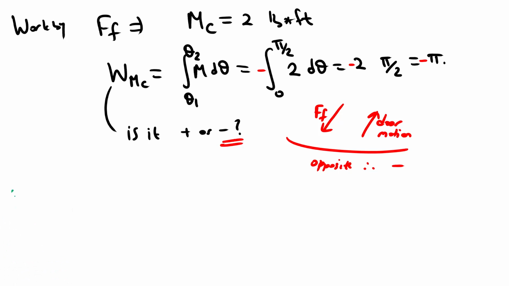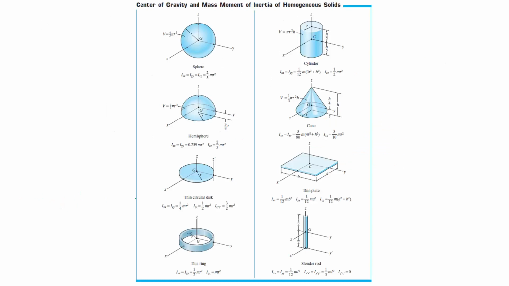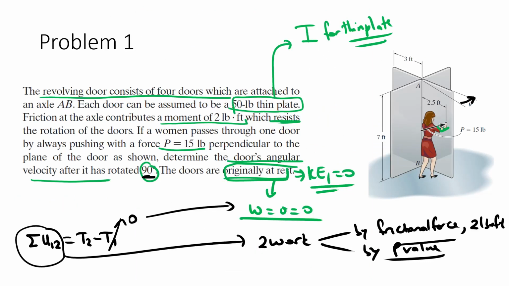The next one is the work by P. How can we find it? As you can see, the applied force P rotates the door this way, and when the door rotates, it will rotate something like this. So this is the path of the door due to P. Then we need to find what this is.